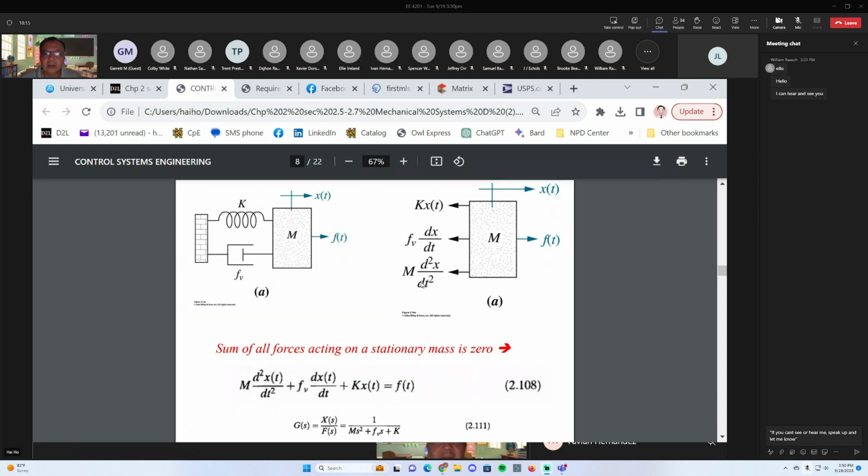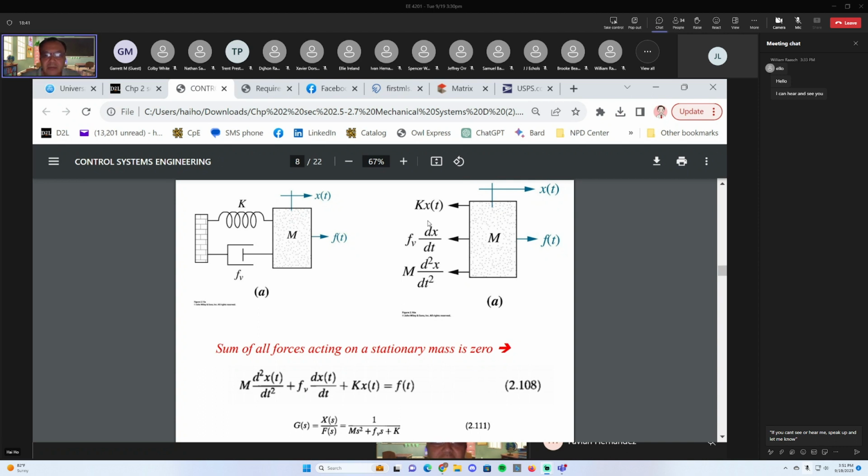Okay, so at this point, this free body diagram has captured all the forces that are acting on this mass, where the displacement is defined to be x of t, and when the mass is stationary, x is 0. This is called the free body diagram.